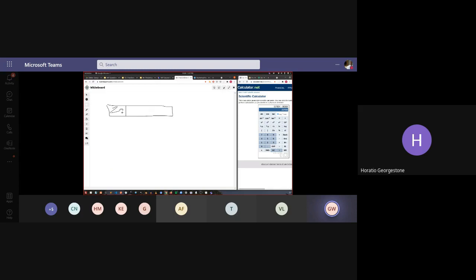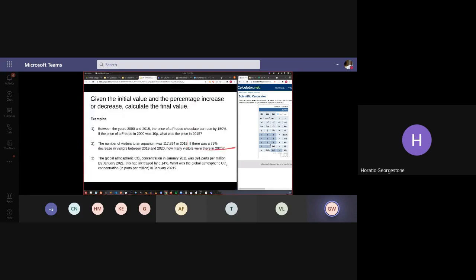That just leaves 25%. So in this case, we could just do 0.25 times 117,824, and we get the same answer. And we could even just divide 117,824 by 4, because that's the same thing as finding 25%, because 25% is a quarter.